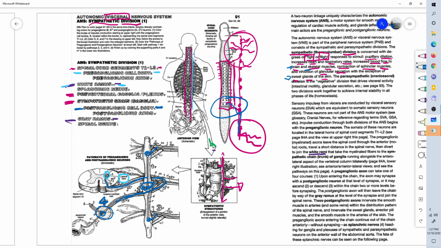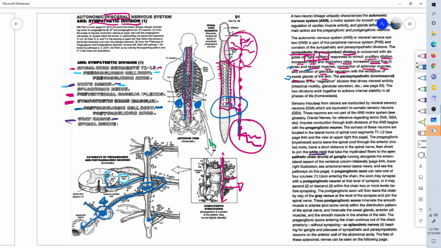And they head out to other ganglia, different ganglia outside of the sympathetic chain on the front. So these ganglia would be found on the abdominal wall, say here or here, and there the postganglionic neuron synapses out this way.